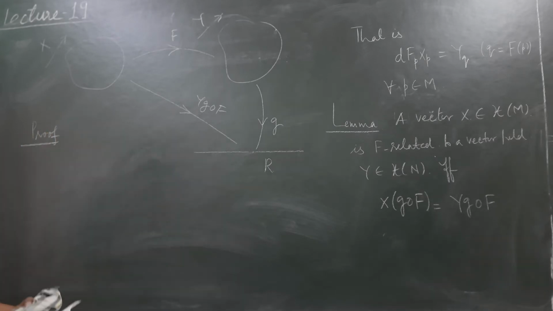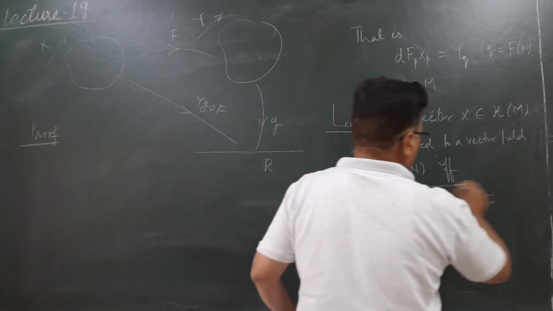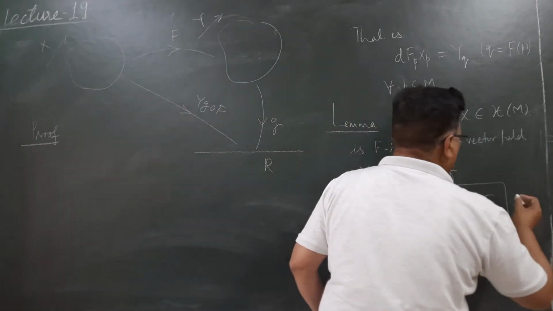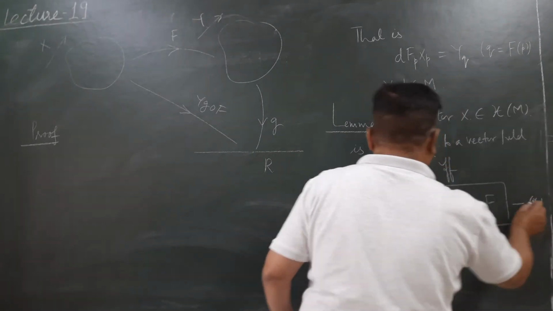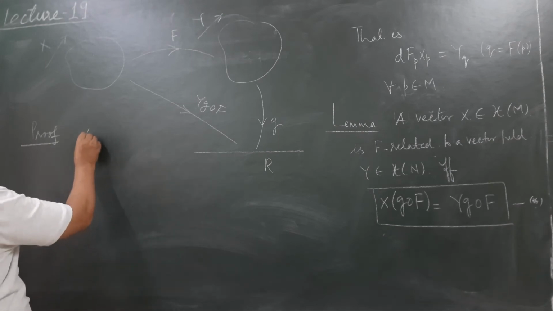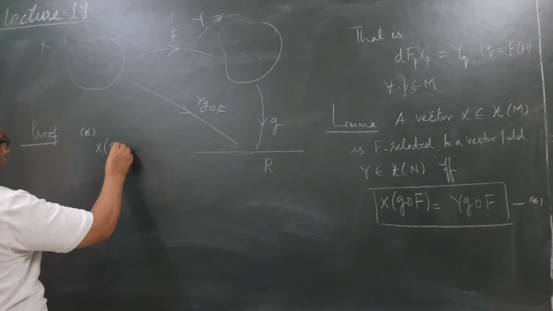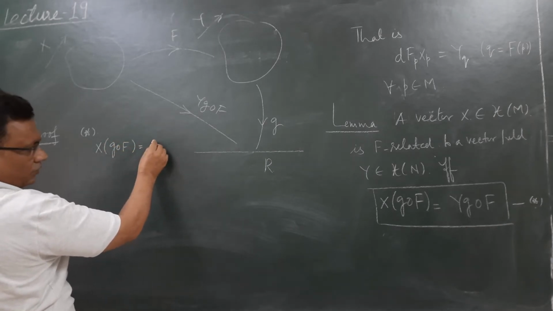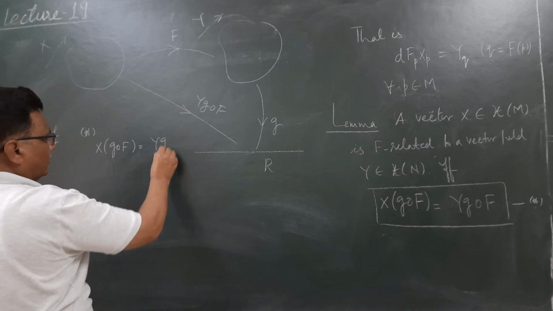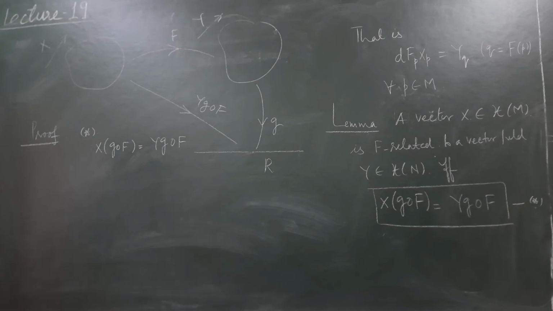Okay, so let me start with this relation, call it star. What star tells you is that X operating on g composition F is equal to Y g composition F. These two functions are equal, so their values at each point must be the same.